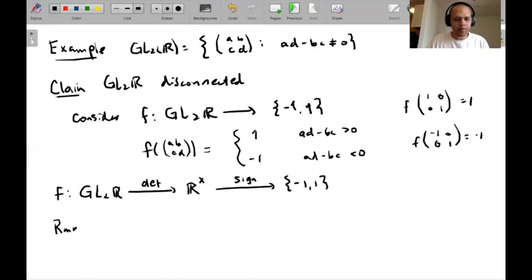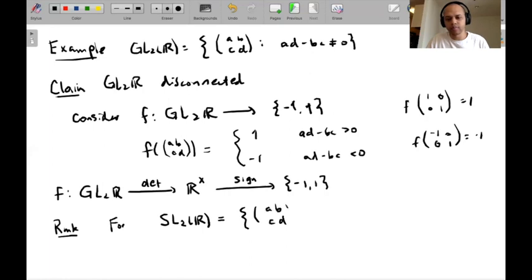So remark that, well, for SL2R, which is a subgroup of GL2R where the determinant is 1, this argument doesn't work.